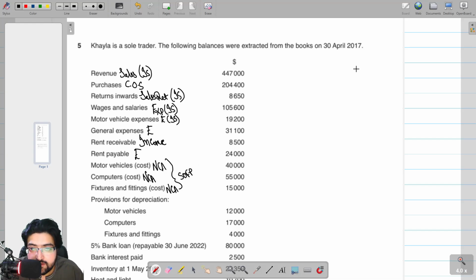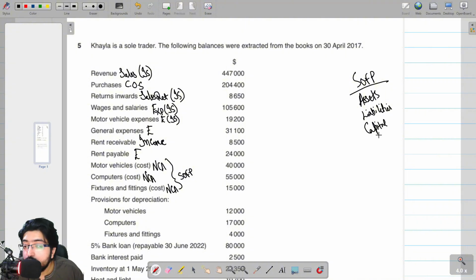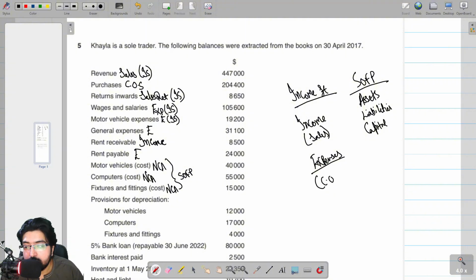Because in SOFP, what do we have? In SOFP, we have all the assets, all the liabilities, and all the capital of the business, which includes drawings and profit for the year. In the income statement, what do we have? In the income statement, we usually have all the incomes in which sales is also included, and then all the expenses of the business, okay, in which cost of sales is also a part, but we deal with sales and cost of sales on top of the income statement in the trading section.